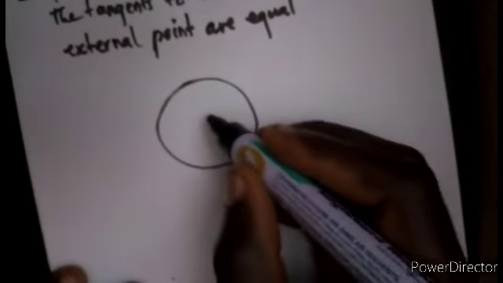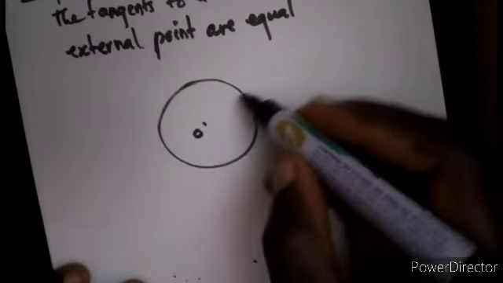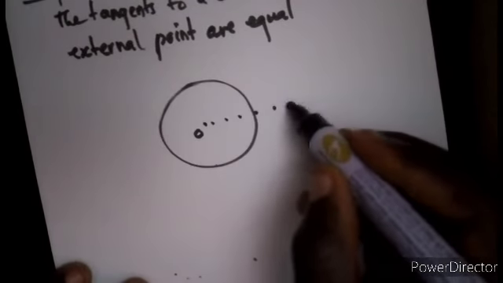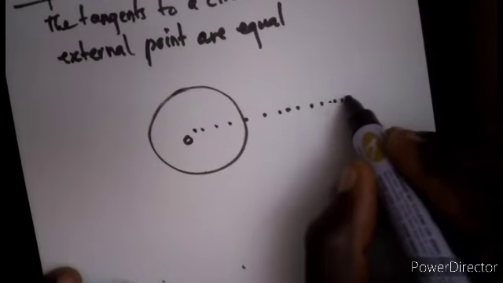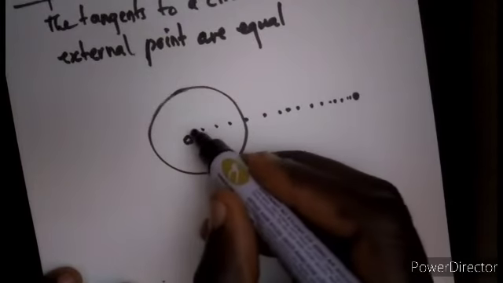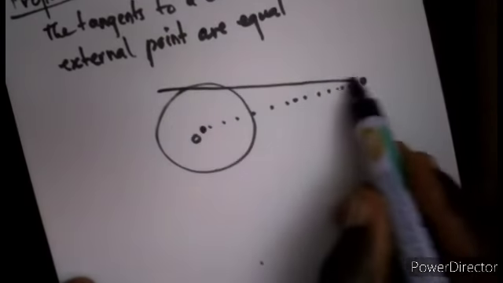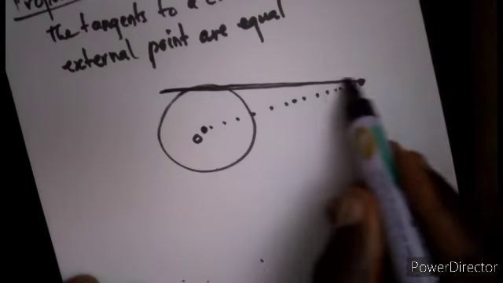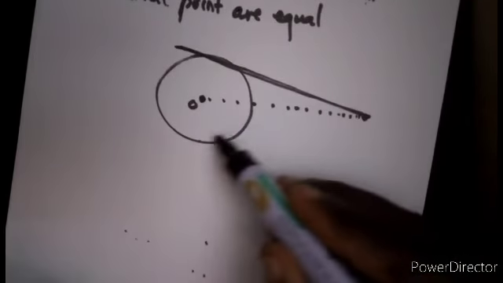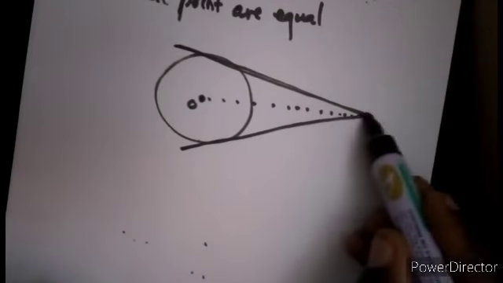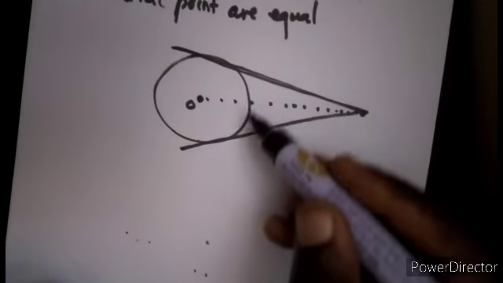Consider the circle with its center, and let's say the point is this far from the center. This tangent and this tangent, we're saying that these tangents are equal.